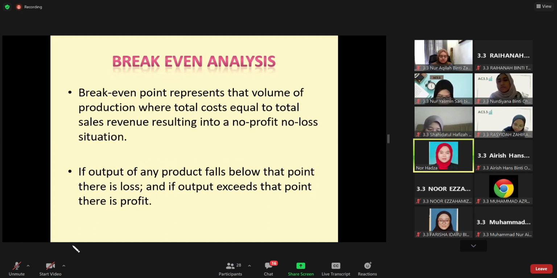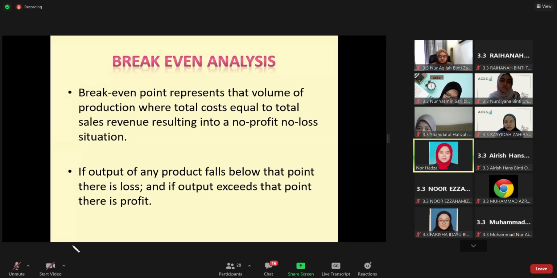If output of any product falls below the break-even point, the company will suffer a loss. But if the output exceeds the break-even point, there will be a profit.